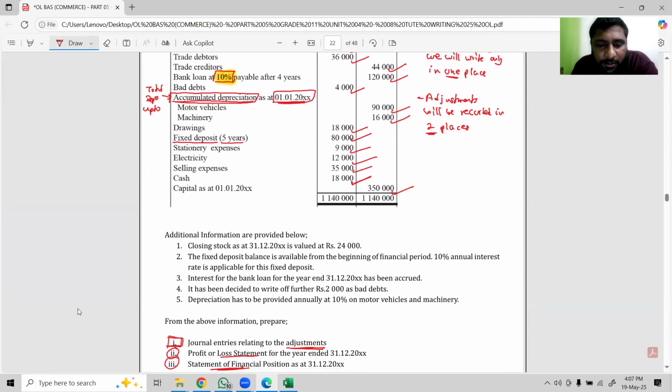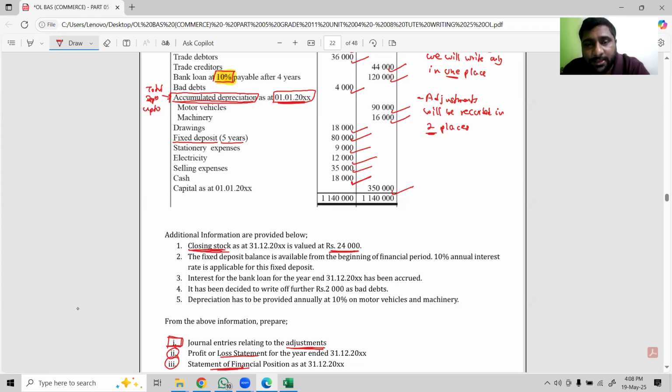First adjustment. This is the closing stock, 24,000. Closing stock will be recorded in two places. What are the two places?